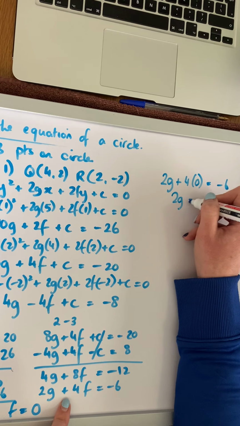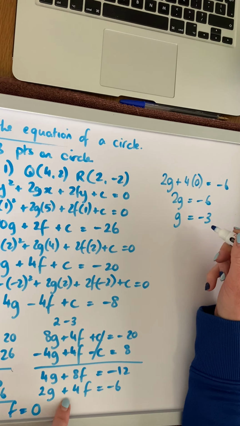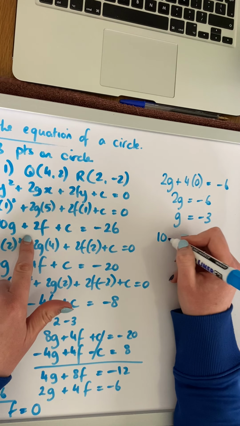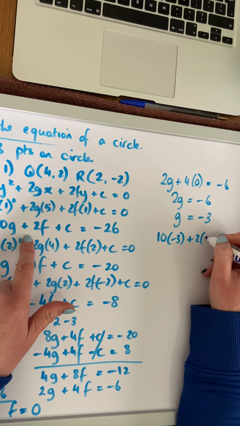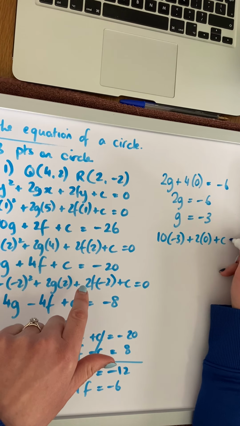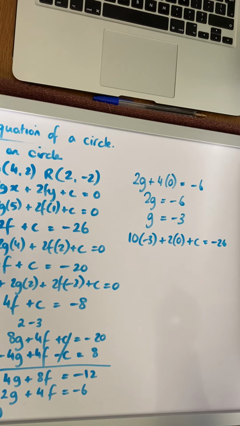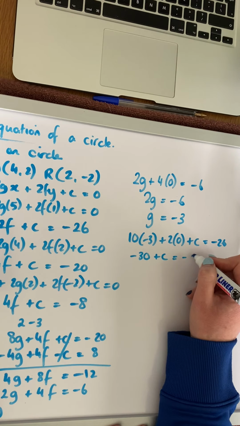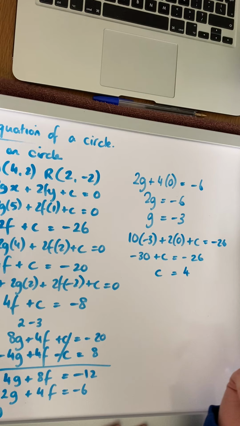That means 2g = -6, therefore g = -3. Going back to equation 1, 10 times g, which is -3, plus 2 times f, which is 0, plus c is equal to -26. Therefore we have -30 + c = -26, giving us c = 4.